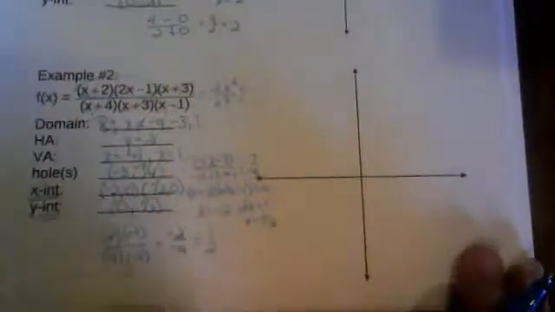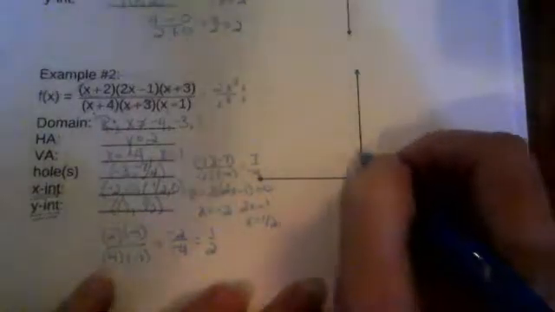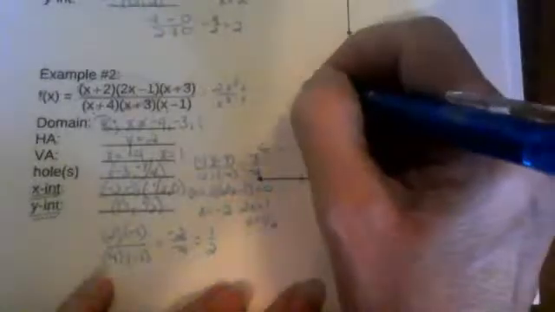So we're going to put this over on the graph. We have a horizontal asymptote at +2, a vertical asymptote at -4, and a vertical asymptote at +1.